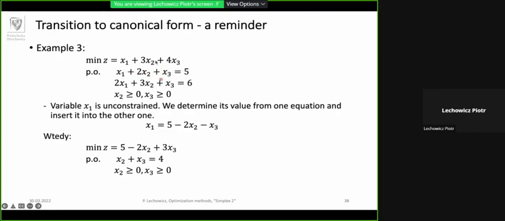So for example, if we take the first equality constraint, we can express it as x1 is equal to 5 minus 2x2 minus x3. And we can insert this value for x1 into the second equation and into our objective function. So after inserting this value for x1 into the second constraint, we are reducing the number of variables.